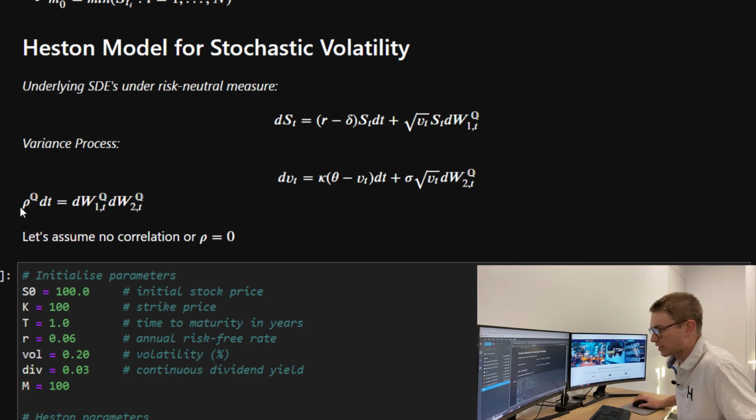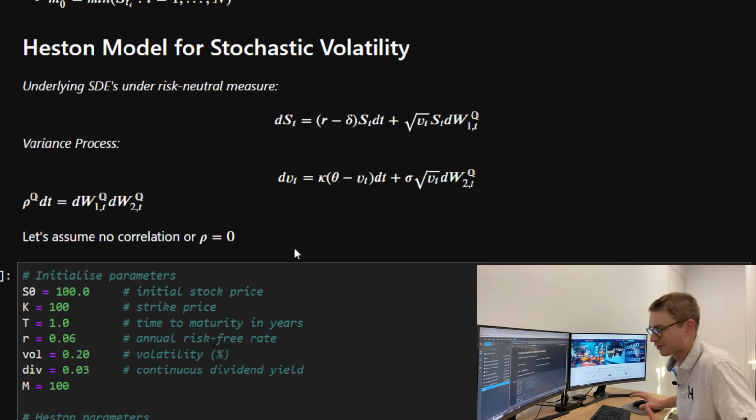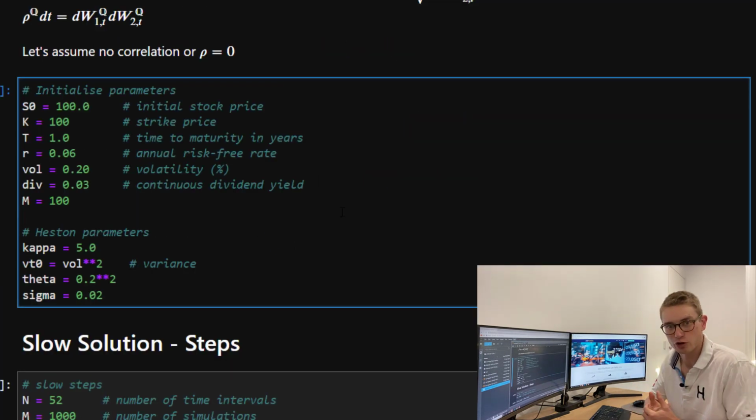So here we've got our relationship between our two Wiener processes. In other words, the correlation between the variance process and the stock price. And here, for simplicity, we're going to assume no correlation. Of course, we have assumed correlation before, and we've had to use a Cholesky decomposition within our Monte Carlo simulation. Please go back through some of my previous tutorials on how you can actually do that.